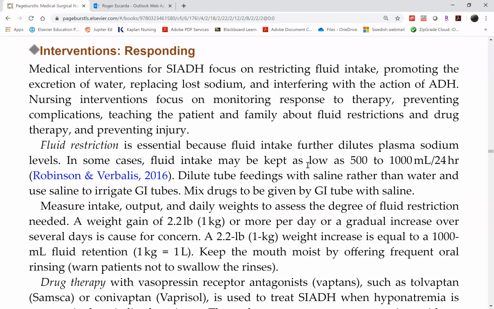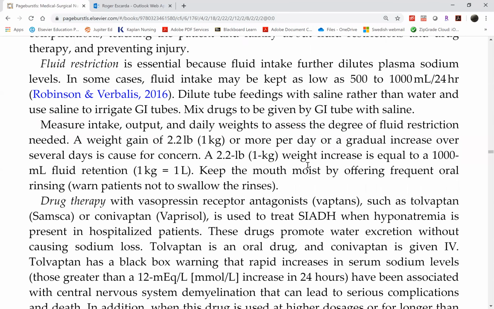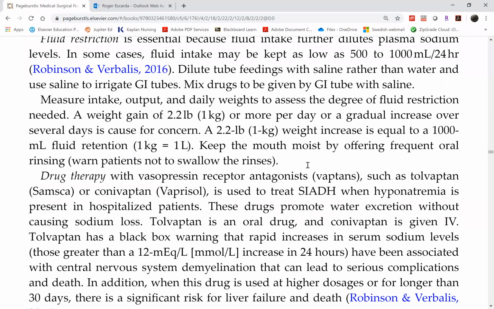And typical fluid restriction is around 1,000. So that will account for the oliguria and the insensible fluid loss, which is 600. Make sure you do accurate intake and output. And like in DI, we weigh this patient daily, and the same equivalence applies for the weight gain or loss. So 1 kilogram, 1 liter, 1 pound, 500 milliliters.